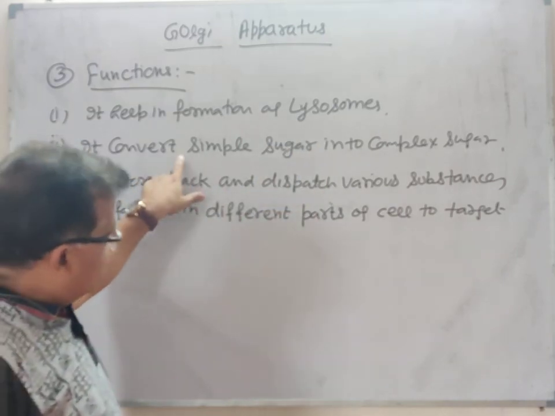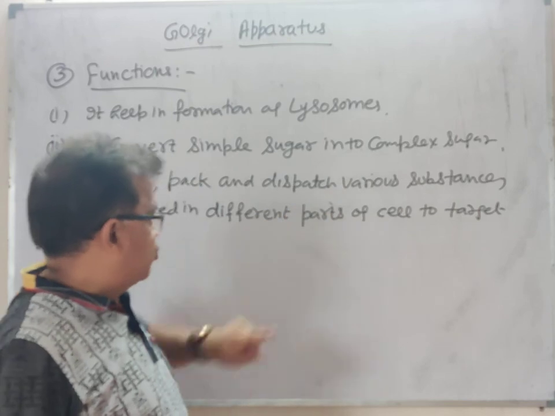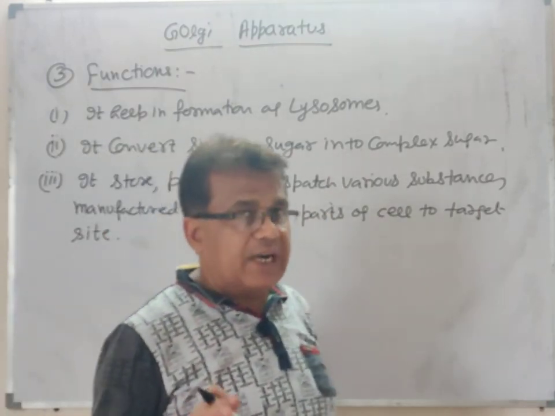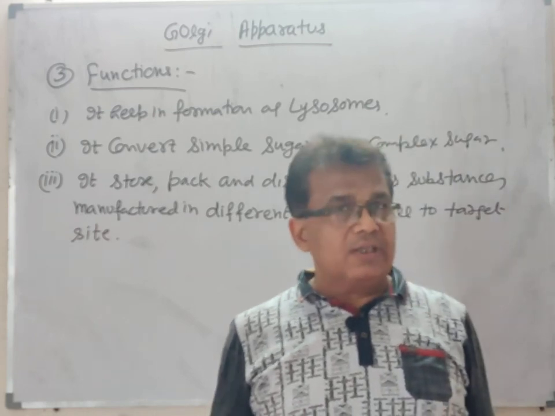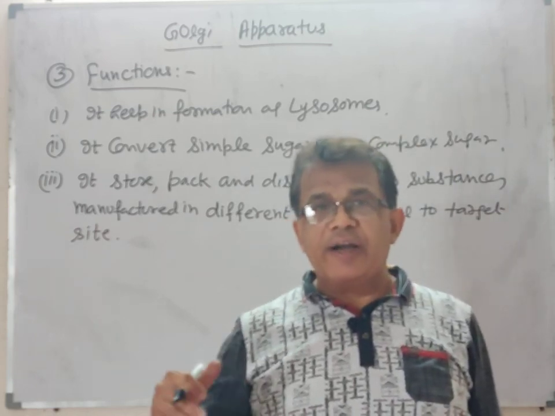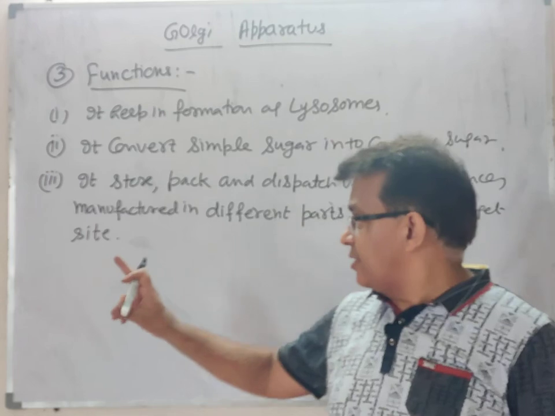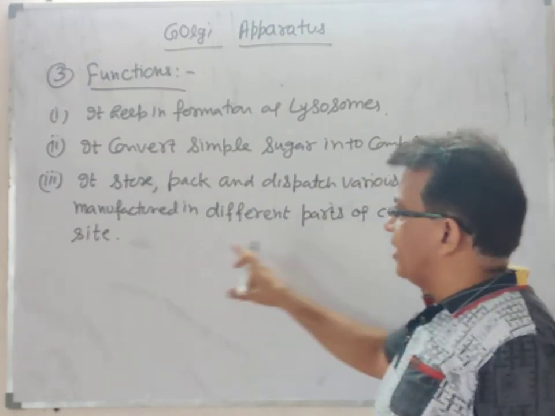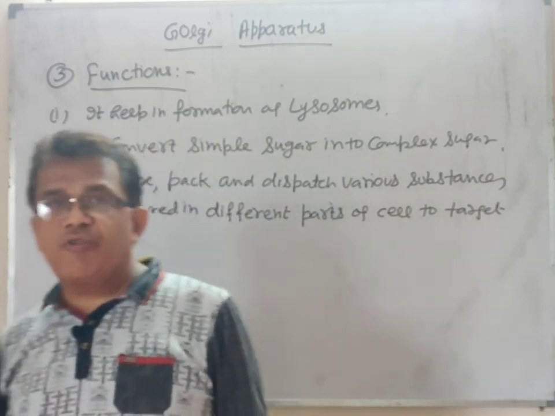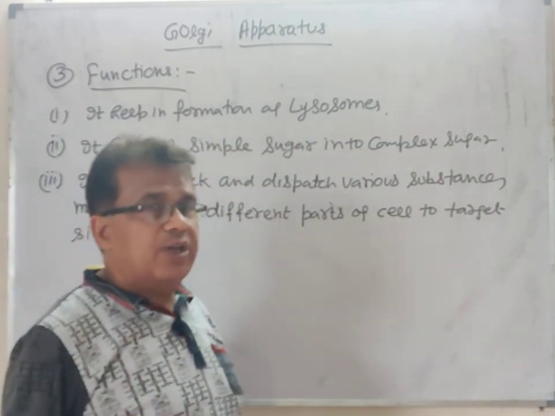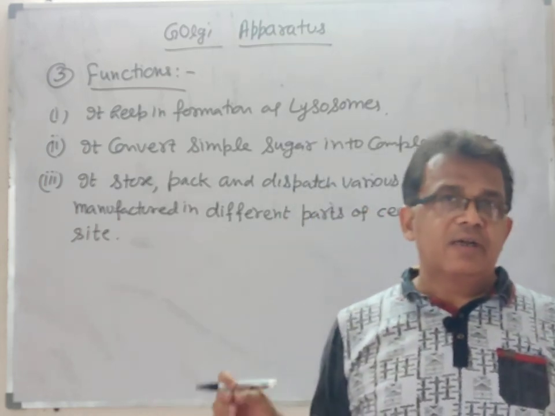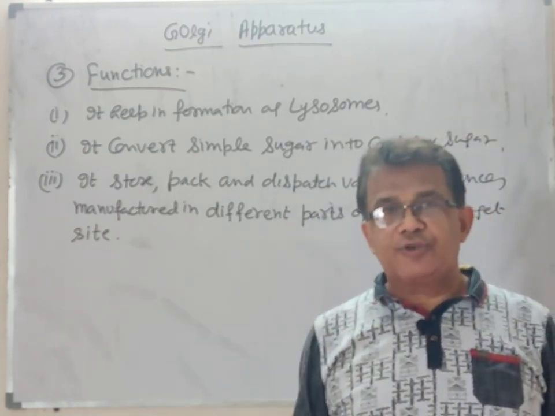It converts some simple sugar into complex sugar, and various substances are produced at different places in the cell and they are required at different places. Target sites mean sites where they are required, like protein is manufactured at ribosome or RER, but it is required by other parts also.